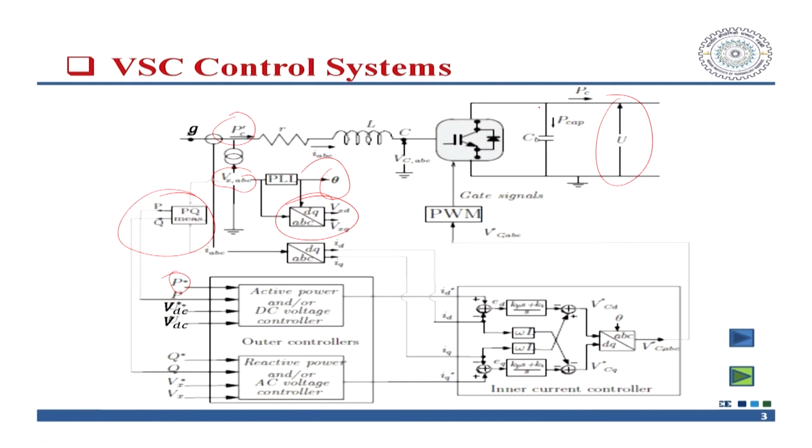If it is not present, then P star can be 0. Ultimately, you need to sink a certain amount of power from the grid to maintain the DC link voltage, and thereafter you will have VDC star and VDC. So this is your active power controller.